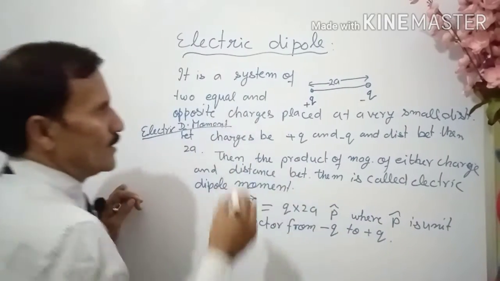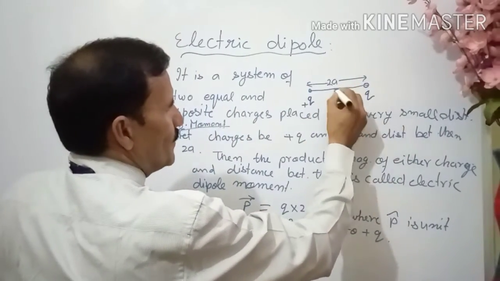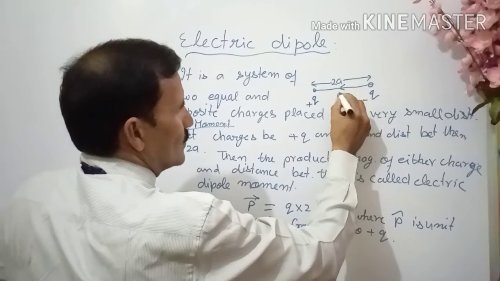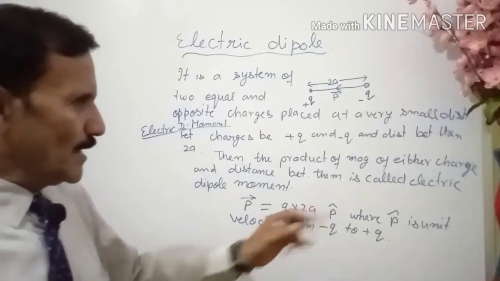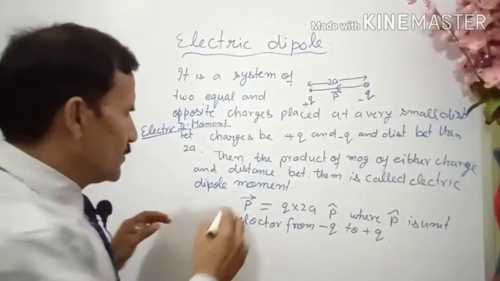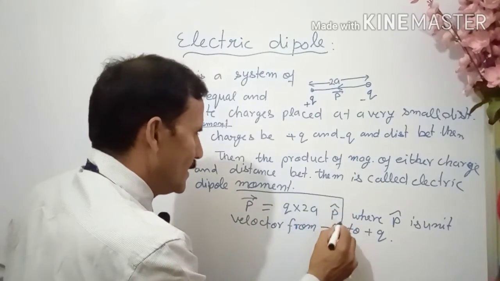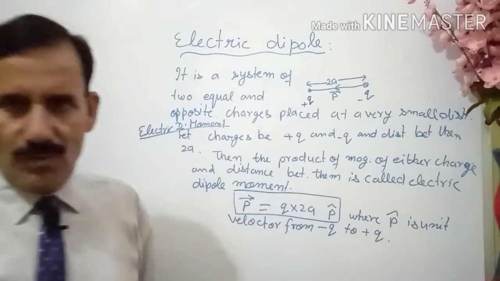So P will always be directed this way. This is the direction of either P or P cap. P cap is the unit vector. So this quantity is called the electric dipole moment.